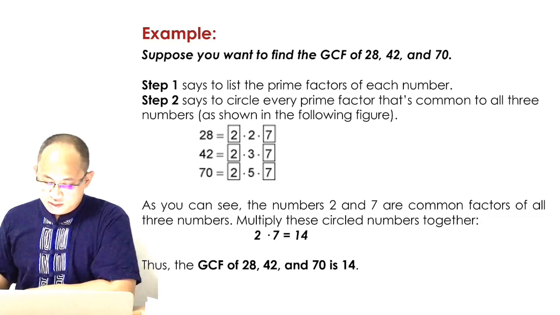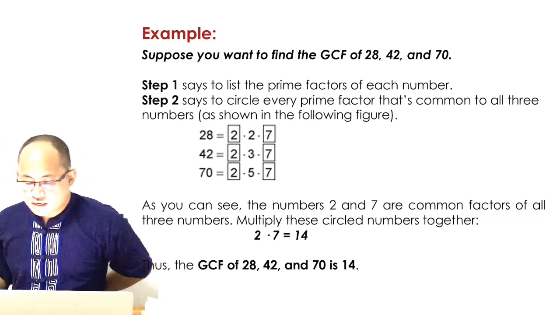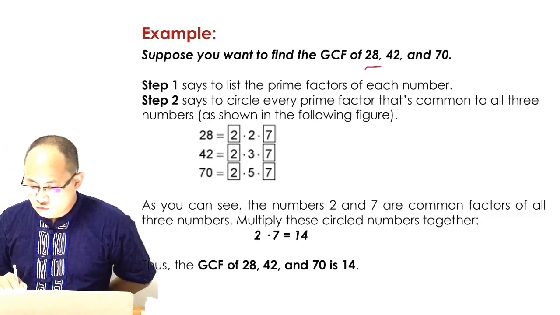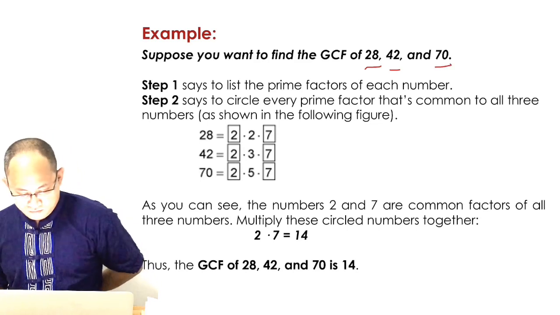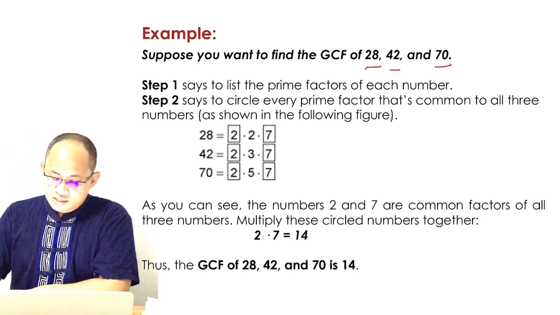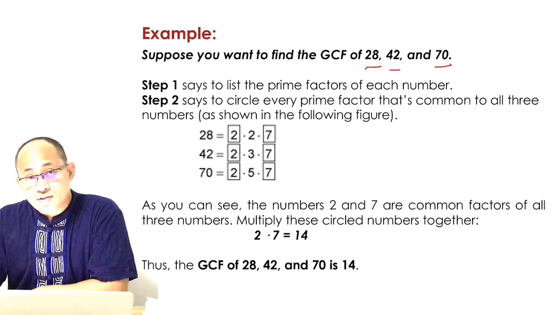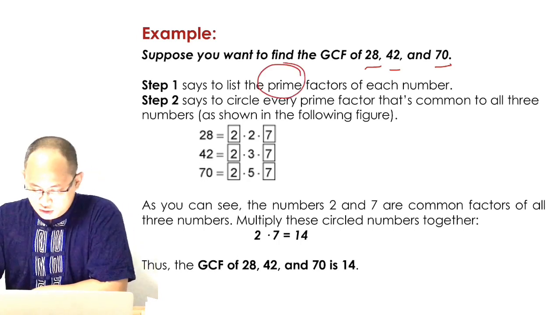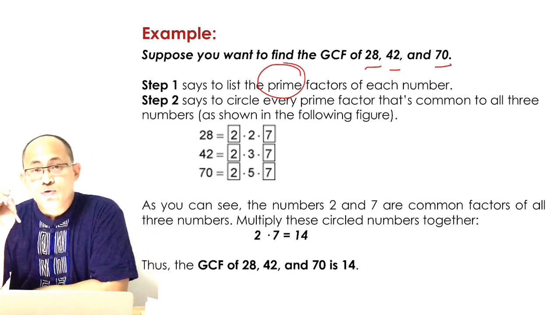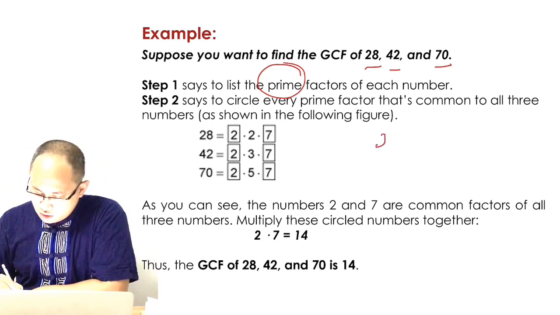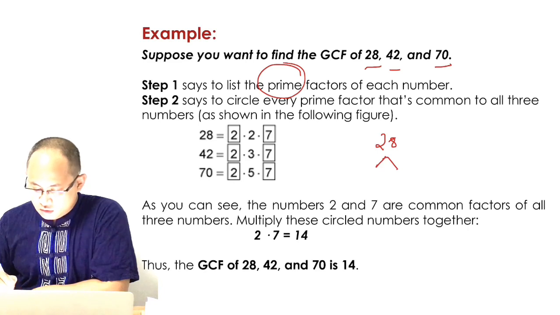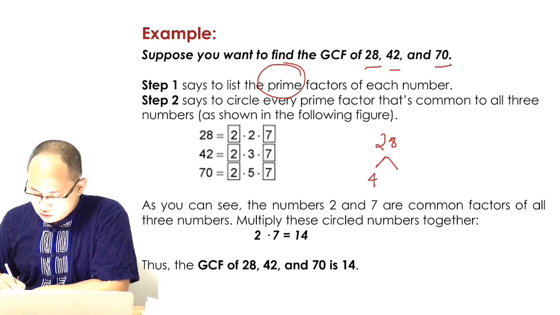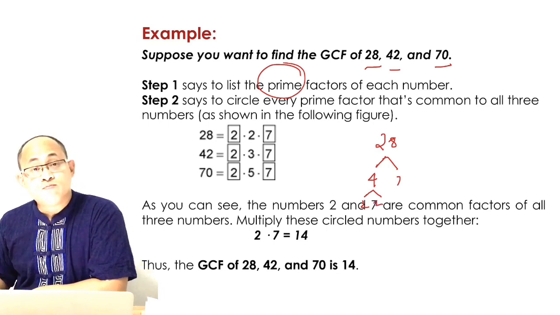All right, let's have an example here. Suppose you want to find the GCF of 28, 42, and 70. Step 1 says list all the prime factors. List all the prime factors of 28. Now 28, you have 2, 2, 7. So you have 4 times 7 and 2 times 2.